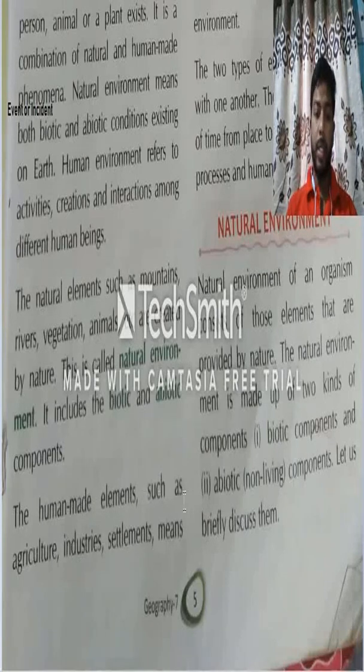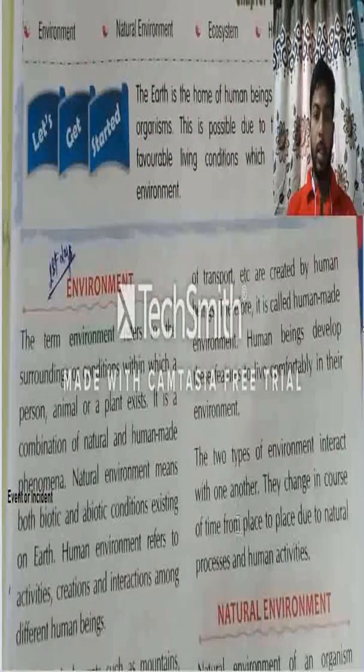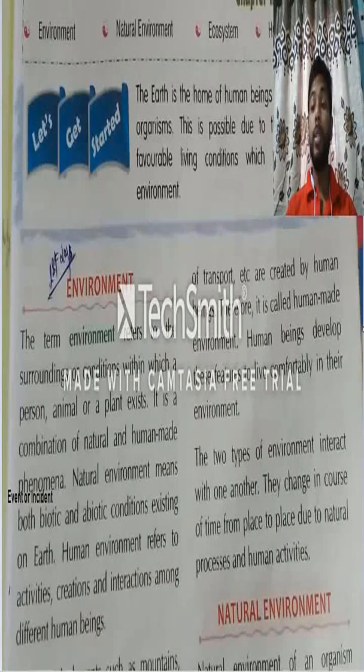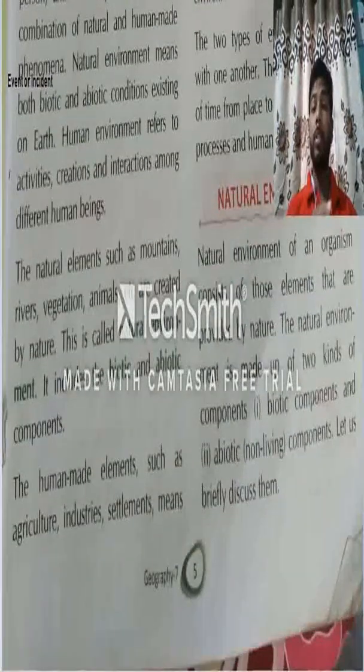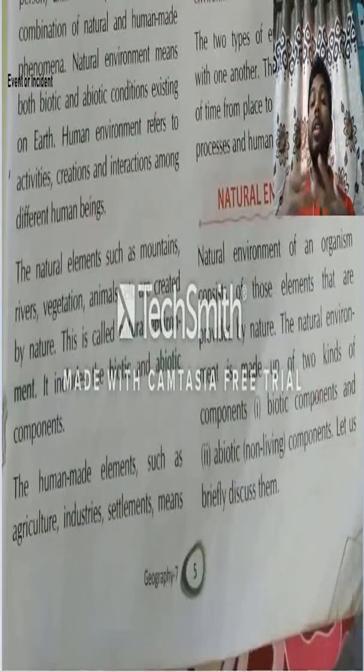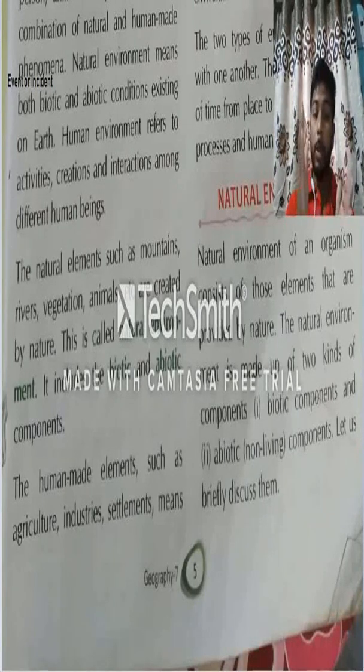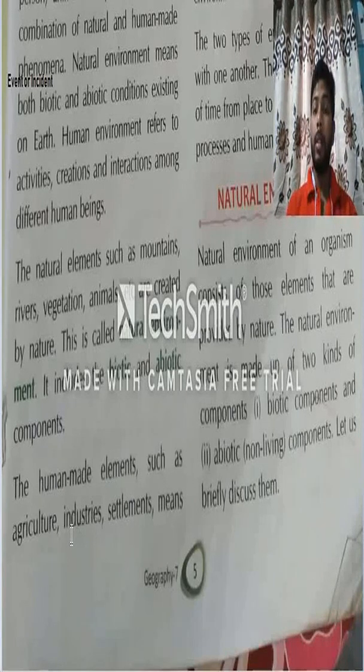The human-made elements such as agriculture, industries, settlements, means of transport, etc. are created by human beings, okay. We have seen before what nature can create. Now we will see what humans can create, what we can make, like agriculture.